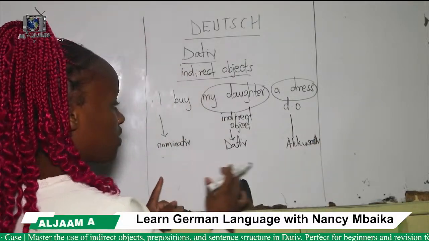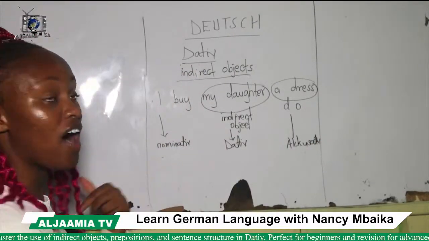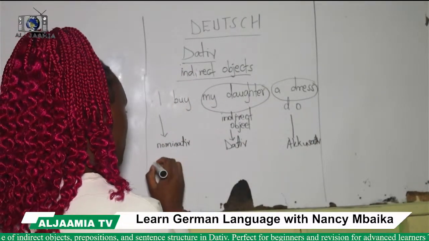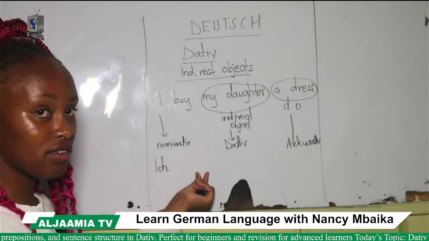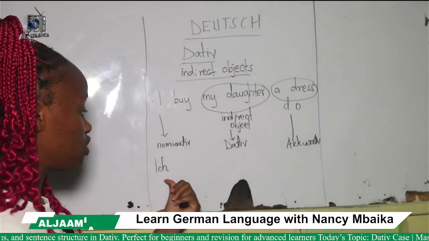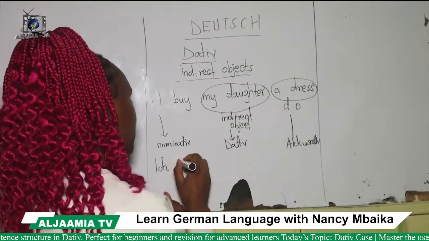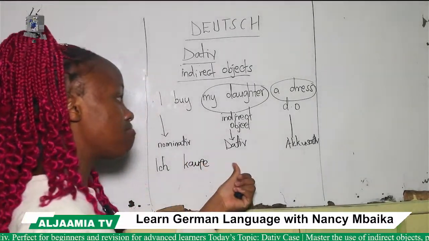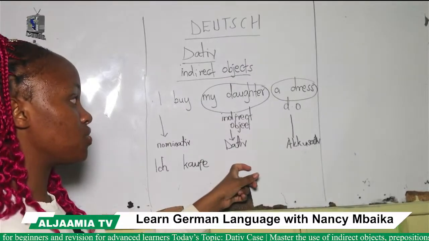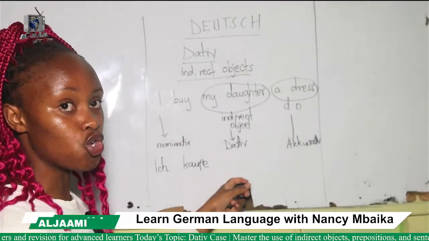So let us now write our sentence in German. So I in German is ich. To buy is kaufen, then we conjugate it according to ich, so it will be ich kaufe. And then my daughter, now we are going to say meiner Tochter.